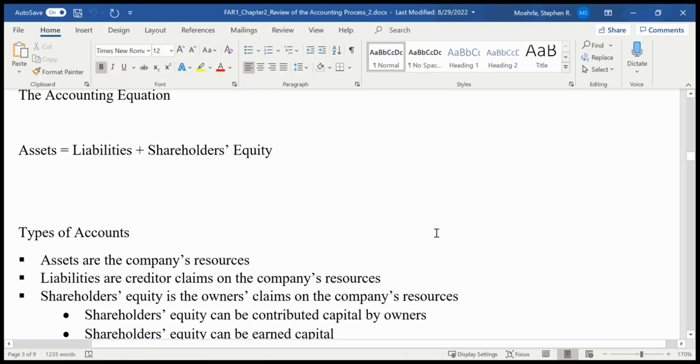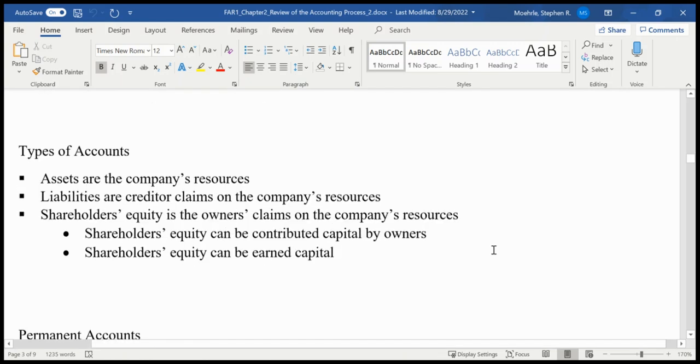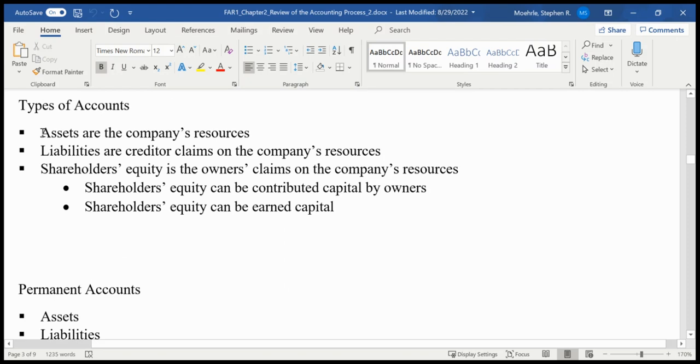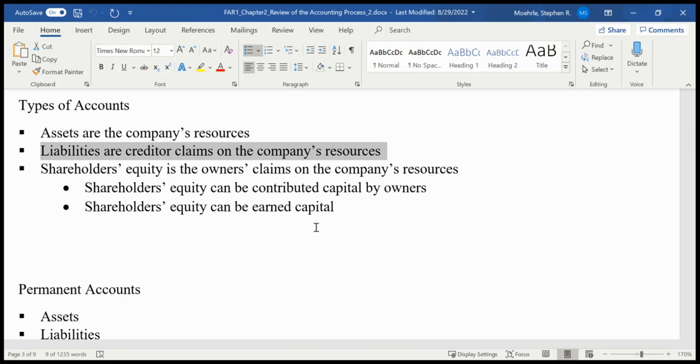The types of accounts. Again, asset accounts are the company's resources, things we own, things we have. Liabilities are creditor claims on those company resources. Shareholders' equity is the owners' claims on the company's resources, that residual claim.